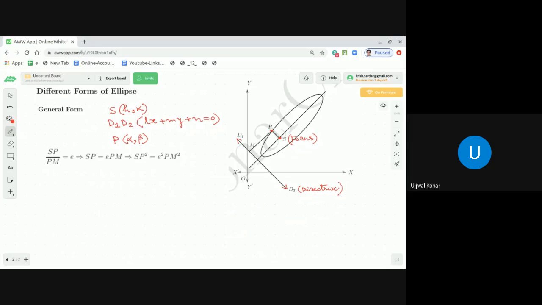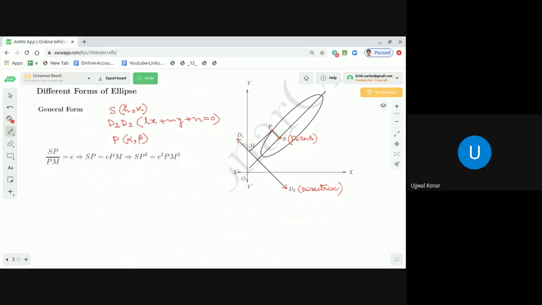Now, if SP by PM is equal to E, so SP is equal to E into PM. Definitely E is not equal to 0, because a ratio of two distances cannot be equal to 0, hence we can multiply. And eventually, SP square equals E square PM square.